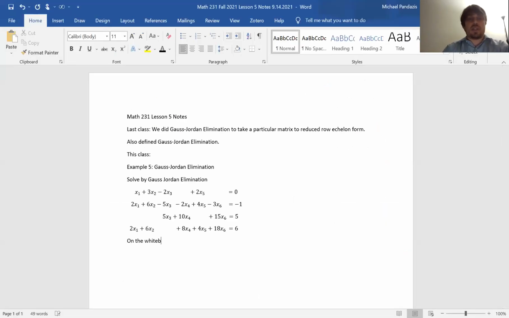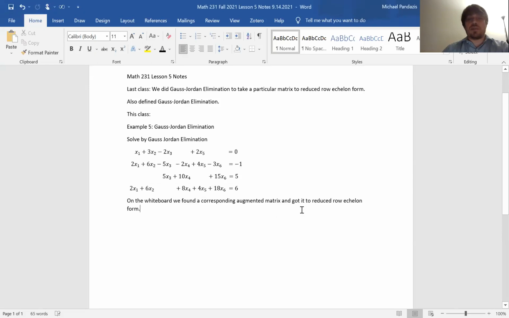Okay, so on the whiteboard, we found a corresponding augmented matrix to this linear system and got it to reduced row echelon form. Then we wrote down the corresponding linear system to that augmented matrix in reduced row echelon form.